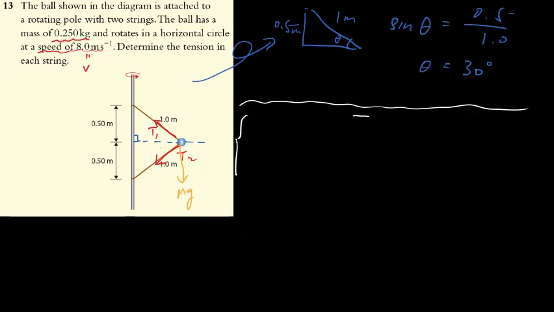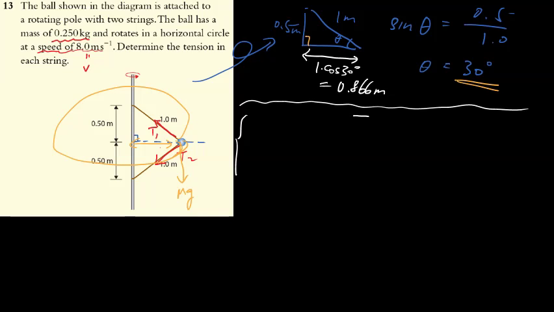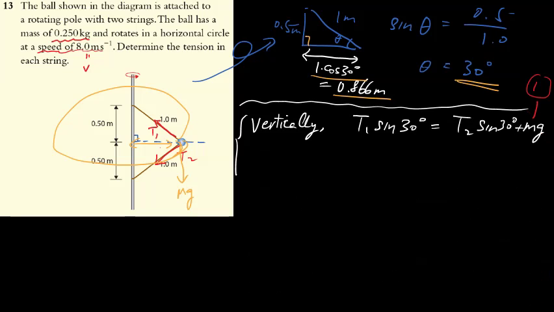So in that case, what you're going to do is draw this triangle, so that you can find the angle, which is 30 here, so that you can do the decomposition of the vectors t1 and t2. You also want to know the radius r, because the ball is rotating here, and by trigonometry you find it is cosine 30 degrees. After that, you write down the relationship of t1 and t2.